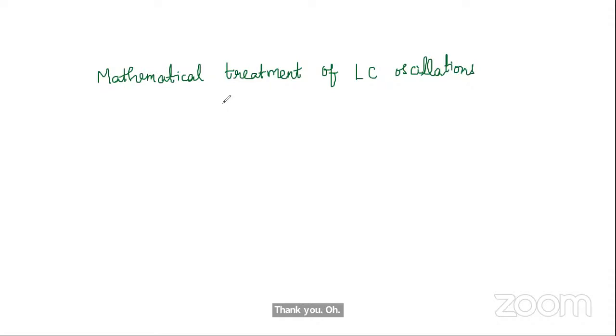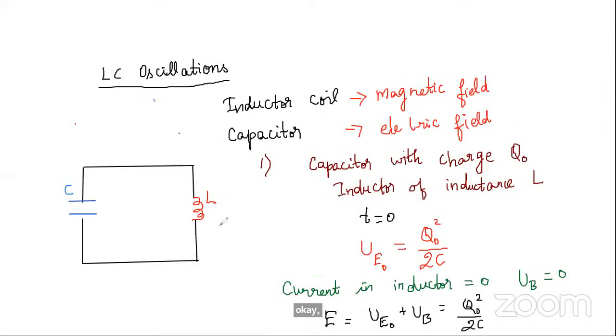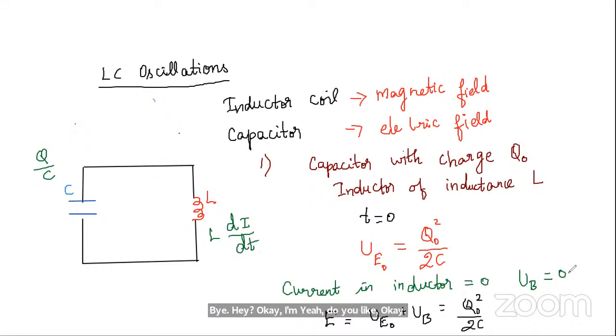So here from the Kirchhoff voltage law, you can apply the Kirchhoff voltage law to this circuit. When you apply it, the voltage across this capacitor is given by Q by C, and the EMF across this inductor coil is given by L into di by dt.